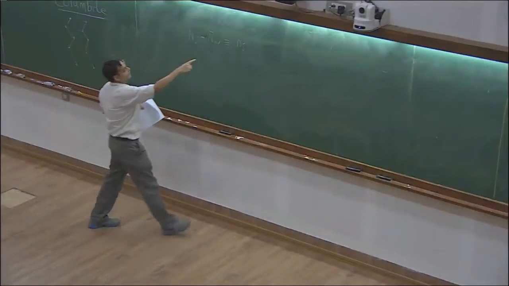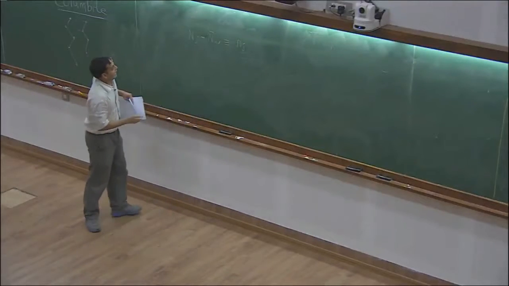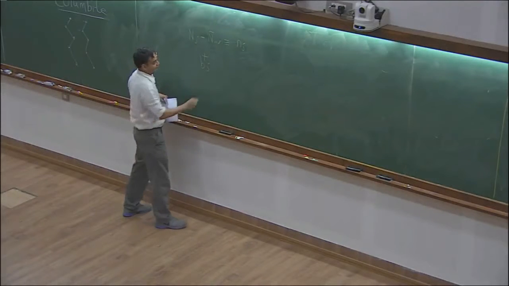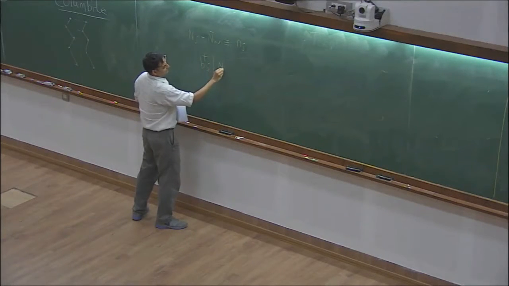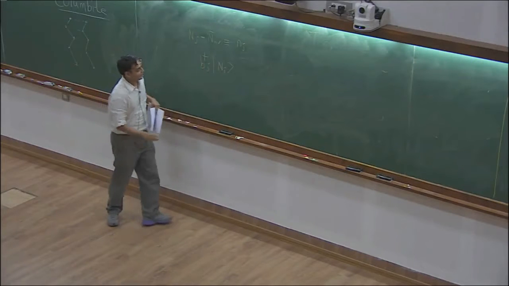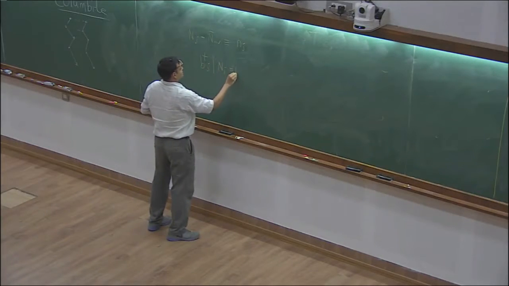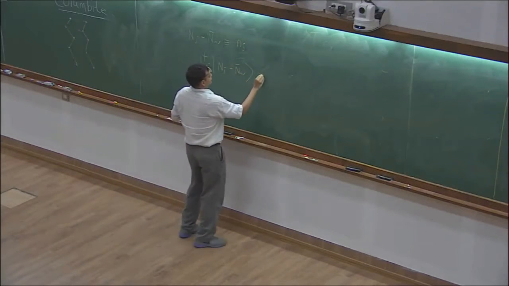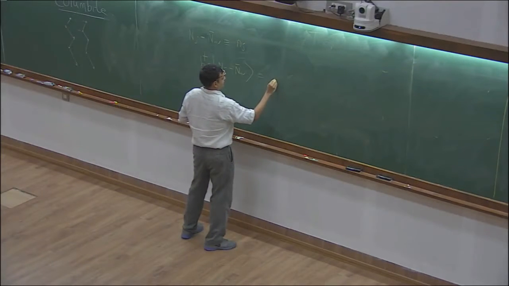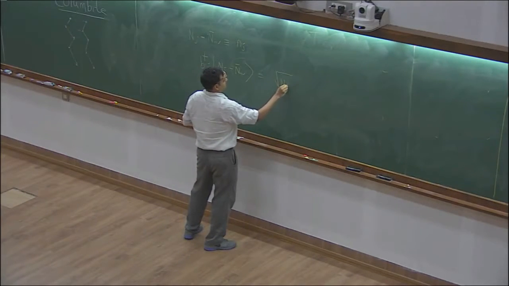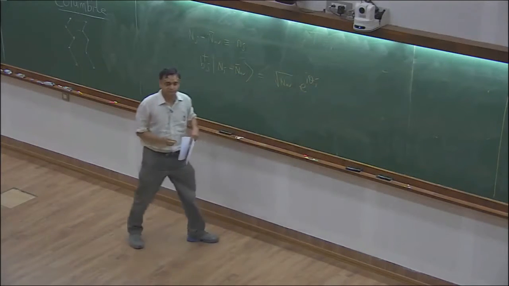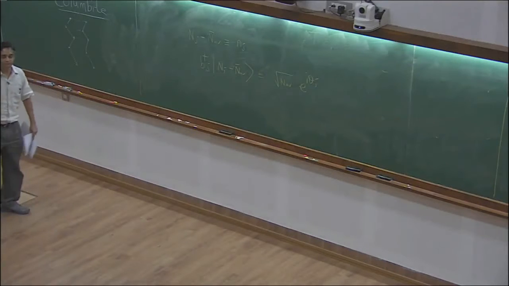Maybe I should have called it little n. And I'm saying the operator that was going to create an extra particle, acting on n_j minus n_av, just to emphasize that I want to measure everything from that, is going to be written as square root n_av e to the i theta_j.